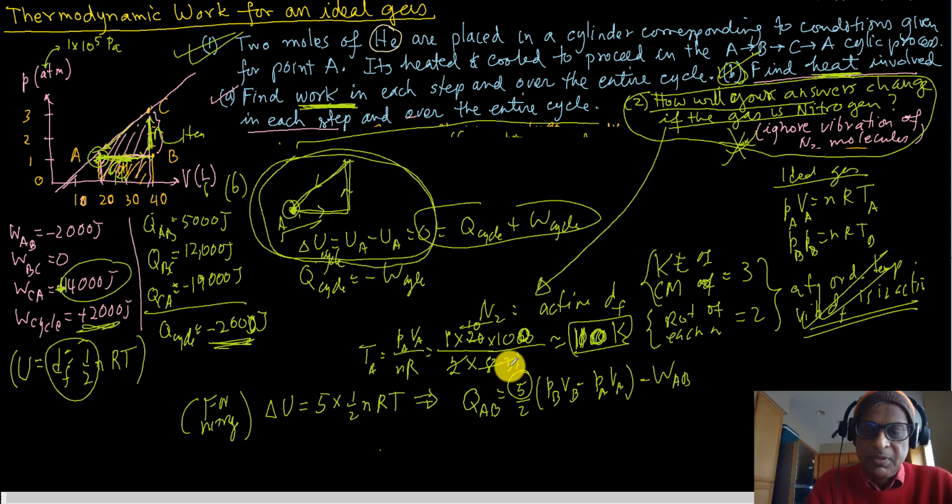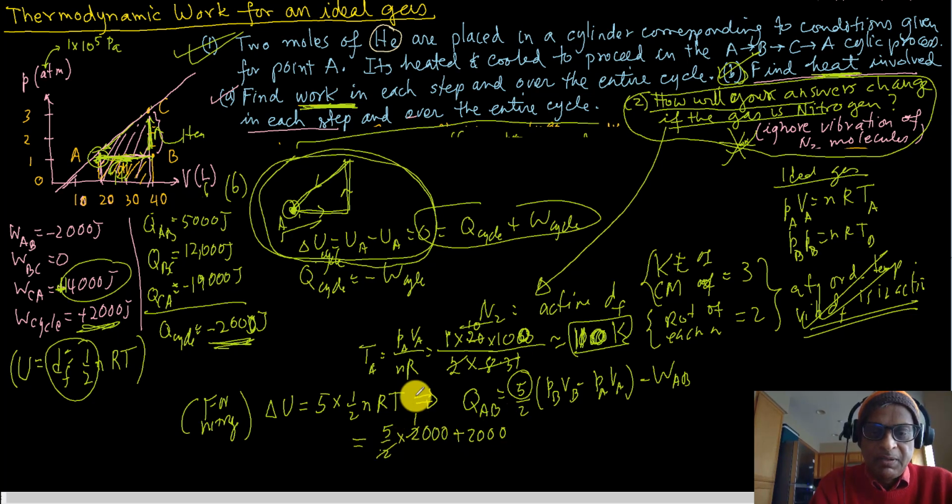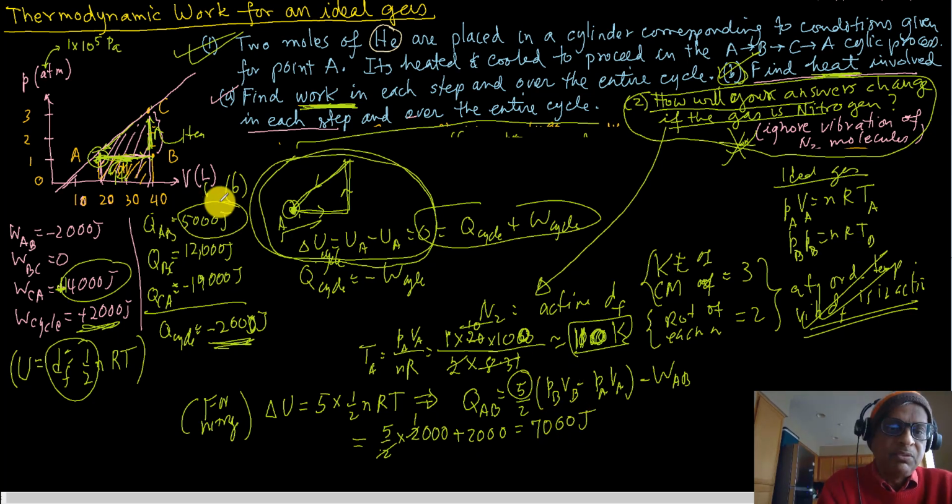So instead of 3 half, you're going to have 5 half. And so you can see what the answer is going to be now. 5 half, and this was 2,000, plus 2,000. So you have 5,000 plus 2,000 is 7,000. So instead of 5,000, you can have 7,000, and you can work out the other things similarly.